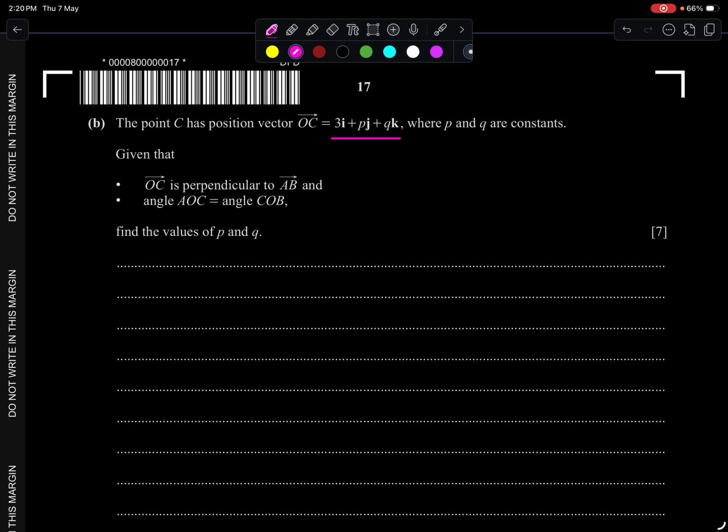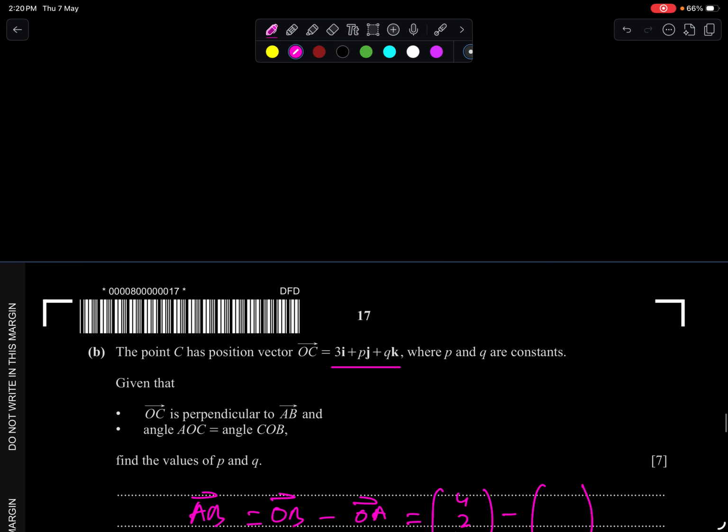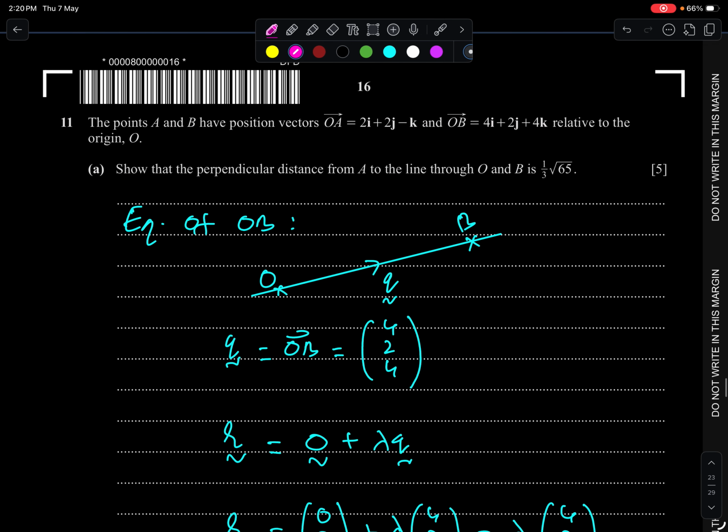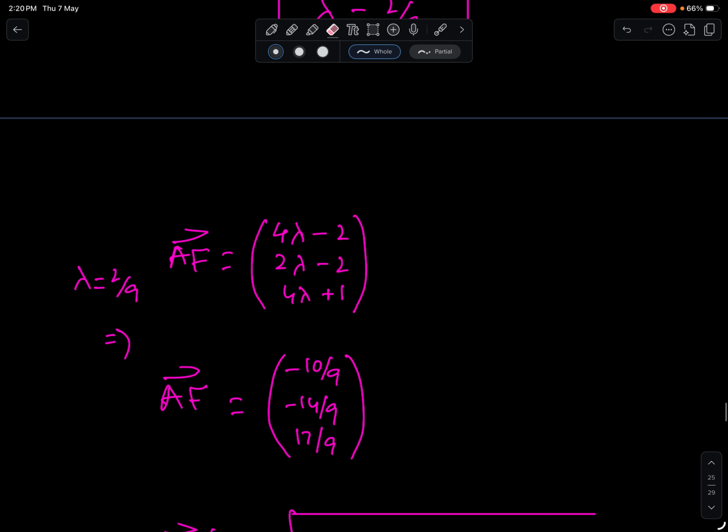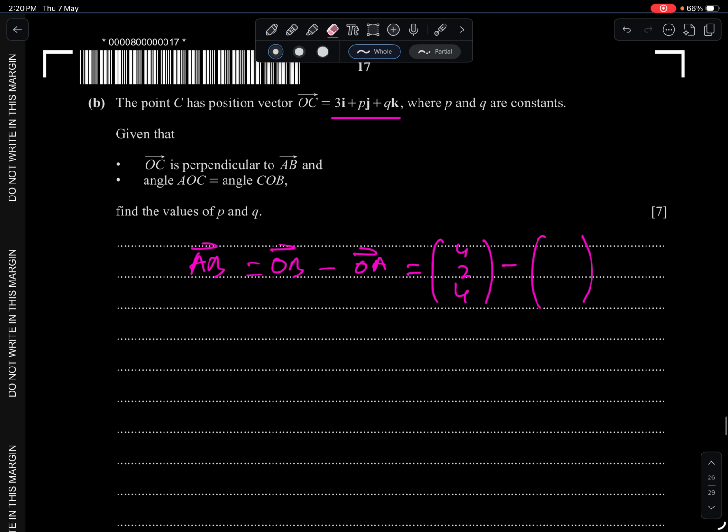OC is perpendicular to AB, so get AB first. It's OB minus OA. So OB is 4, 2, 4 and OA is 2, 2, minus 1. So the AB vector is 2, 0, 5.